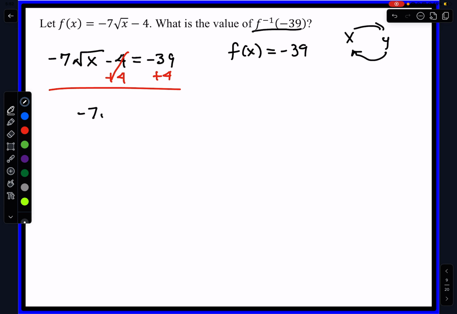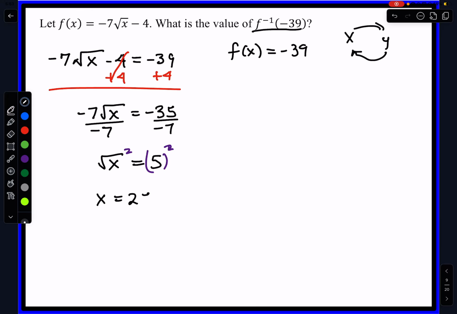So we're going to bring down 7, and we're going to get negative 35. We're then going to divide by negative 7, and the square root of x equals positive 5. And to get rid of the square root, we're simply going to raise both sides to the second power. So x equals 25.